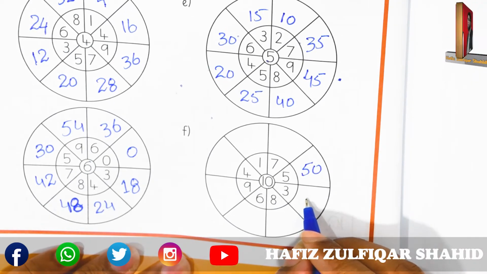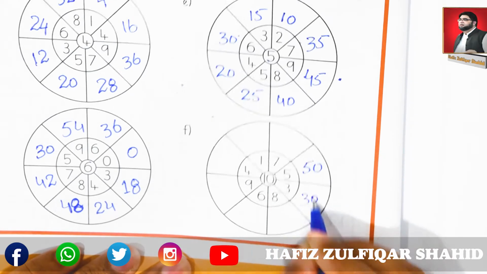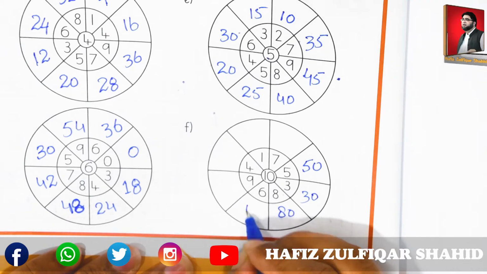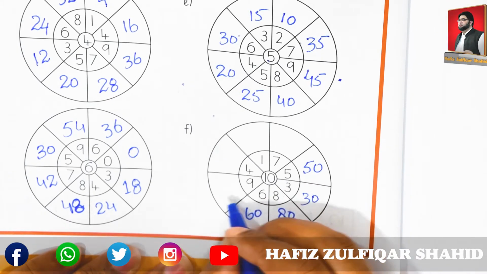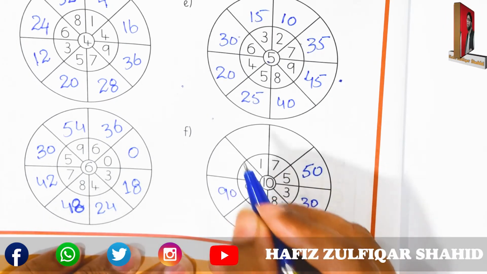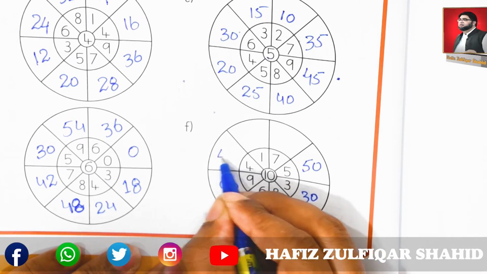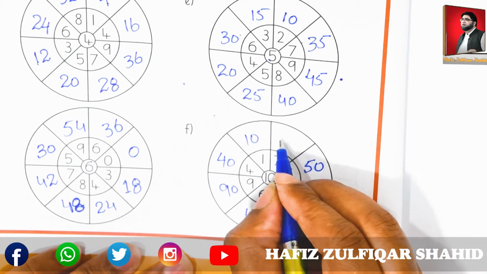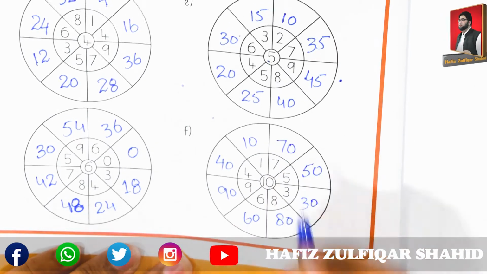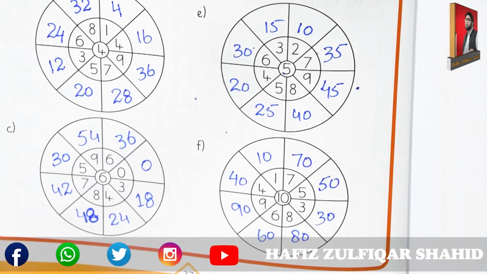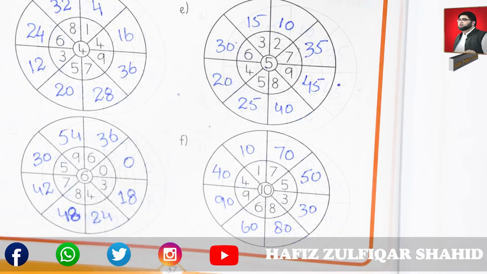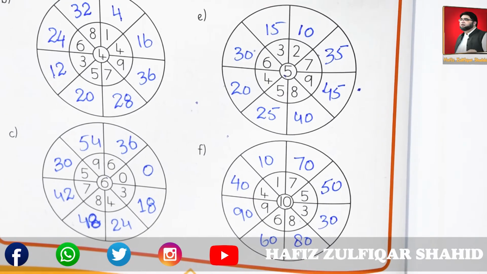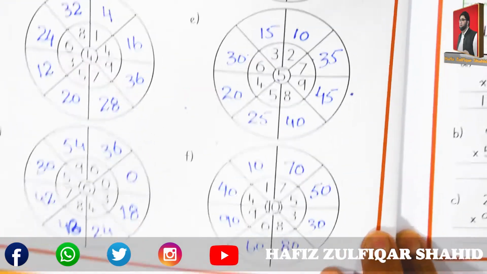Multiply 3 and 10, answer is 30. 8 times 10 is 80, 6 times 10 is 60, 9 times 10 is 90, 4 times 10 is 40, 1 times 10 is 10, and 7 times 10 is 70. This is exercise 10, which we have completed now.